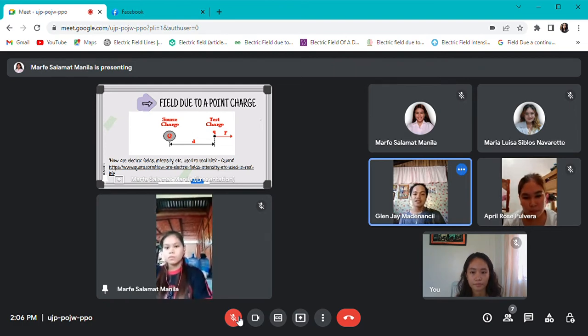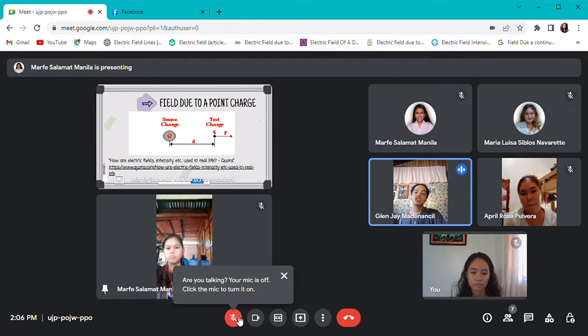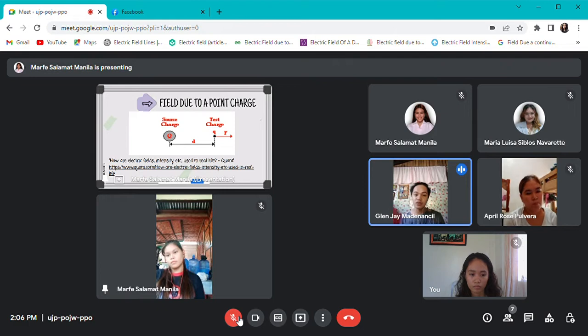So the point charge will be the main one that we will solve for, for example, the force it experiences from the source charge. We can solve that using the formula.